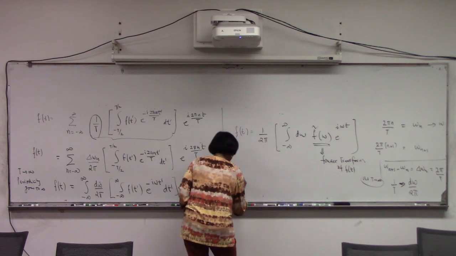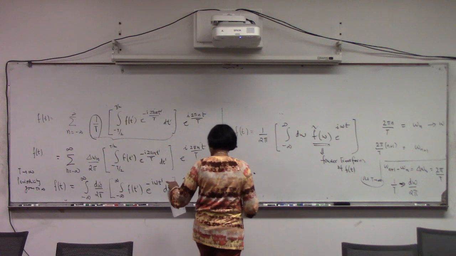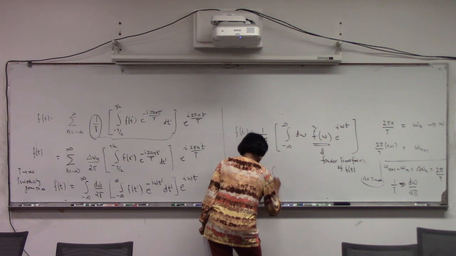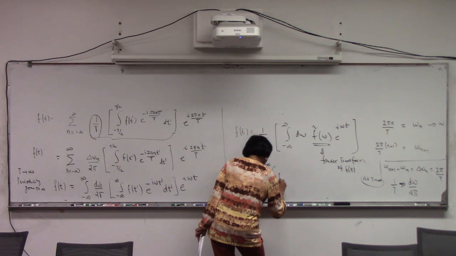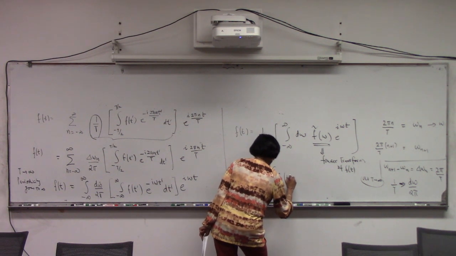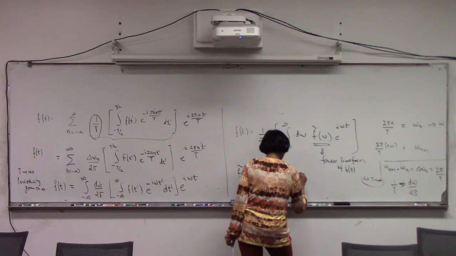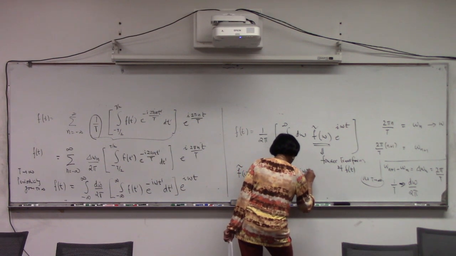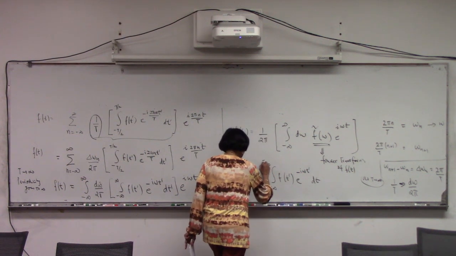So the way I have written right now is the following: f tilde of omega is then, in this definition, the integral from minus infinity to plus infinity of f of t prime times the exponential of minus i omega t prime, dt prime. So there we go.